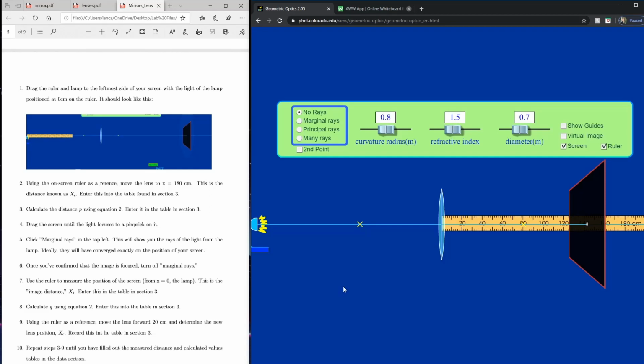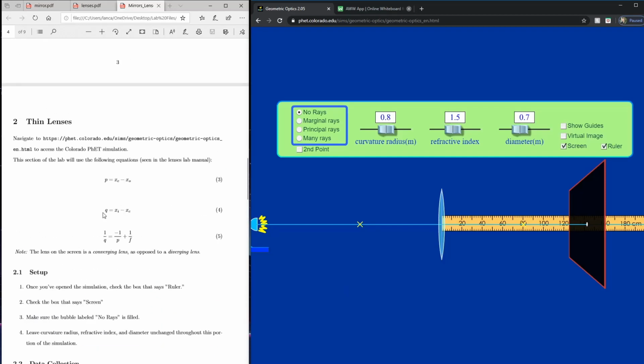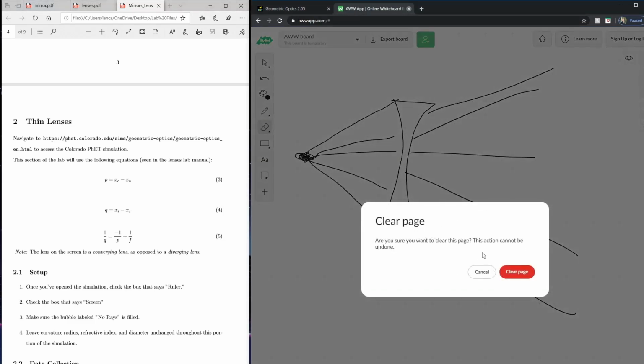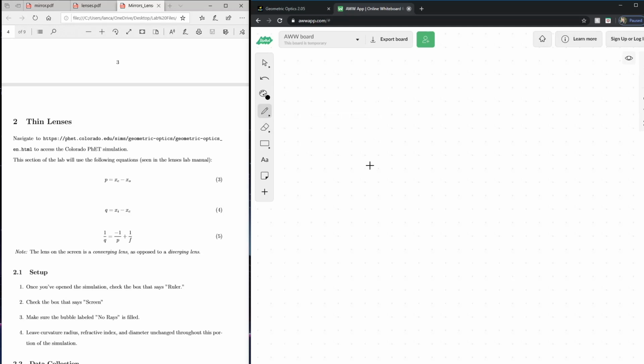Now, in doing this, we've also directly calculated Q, though you should still write down the image distance being 322 and show the calculation of Q, which is going to give you 142. I can show you that over here. So on your lab report, at least once, show the calculation Q equals x sub i minus x sub c.